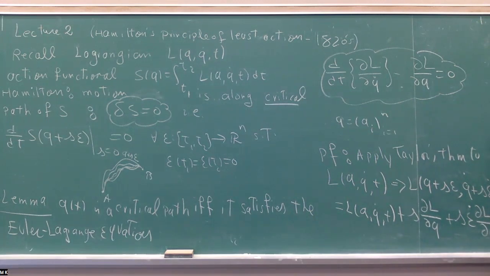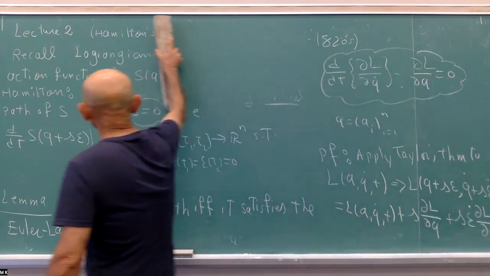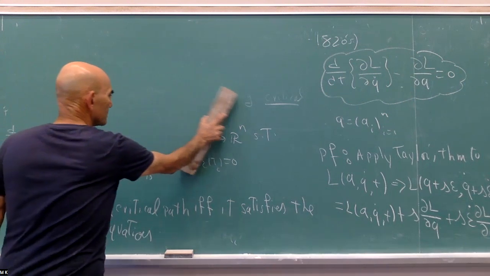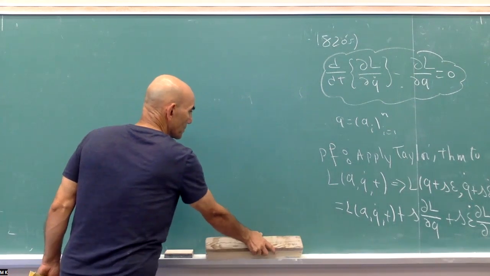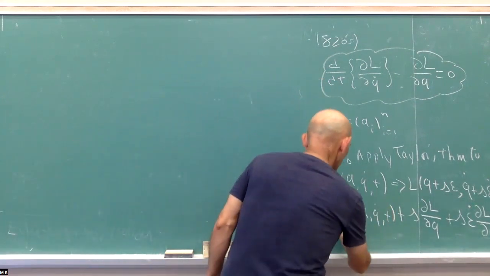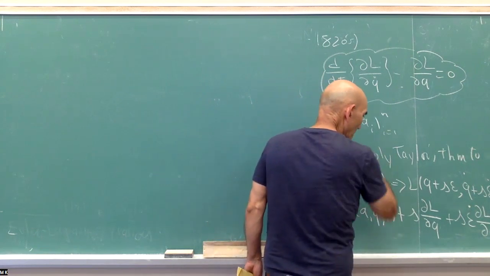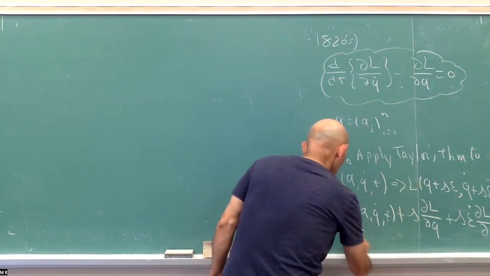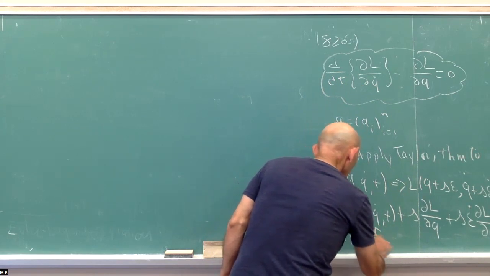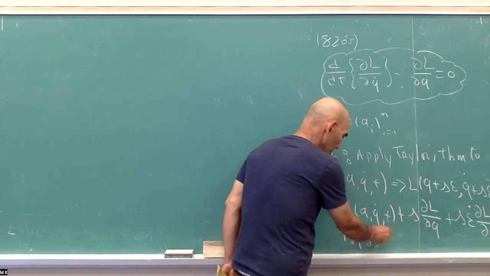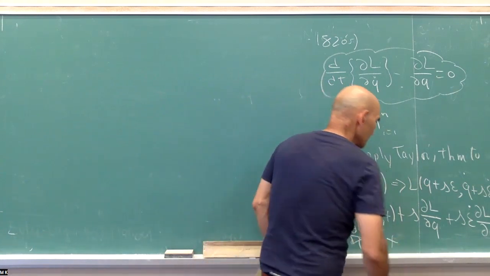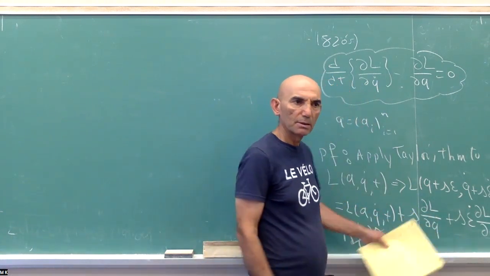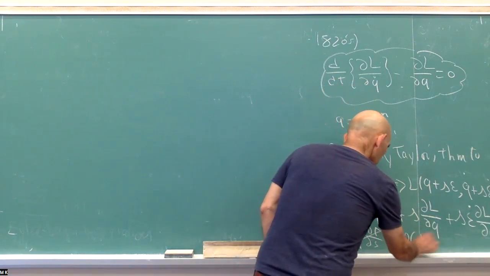And then plus dL/dt times dt/ds. But t is independent of s, so this term vanishes completely. And then plus terms which are of second order in s, or s squared.